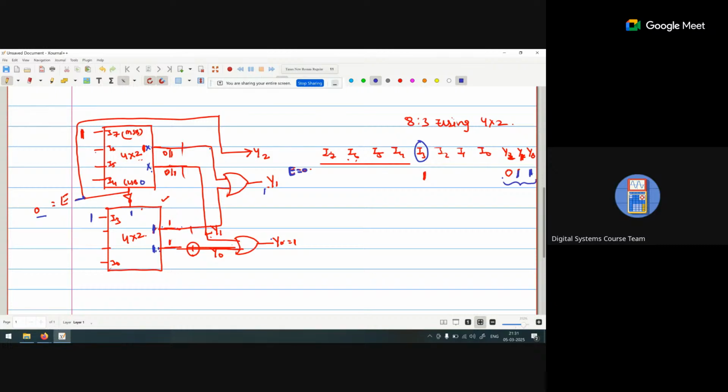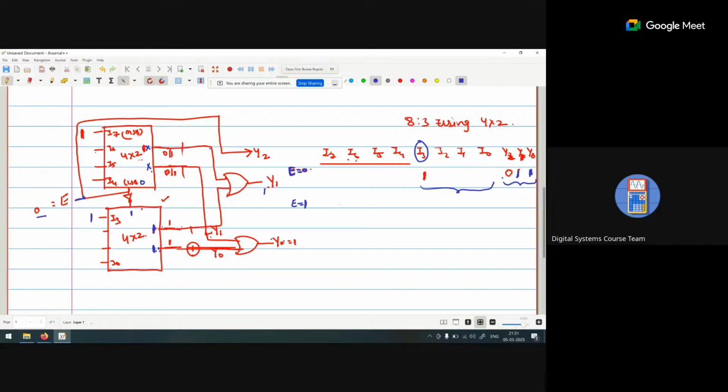Now we take another example, where enable is 1. If enable is 1, that means these four are basically the don't care condition.